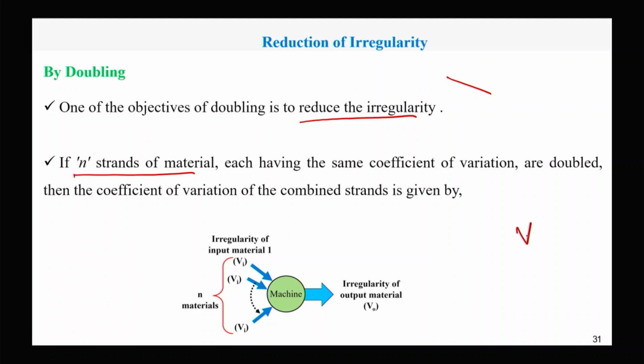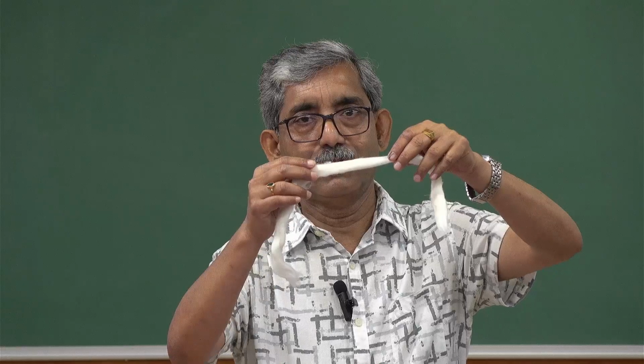So VI is the individual CV, and the number of slivers is N. So the output CV, without, we cannot say it's output. If we say at the back zone, suppose this is one sliver that has a CV of VI.